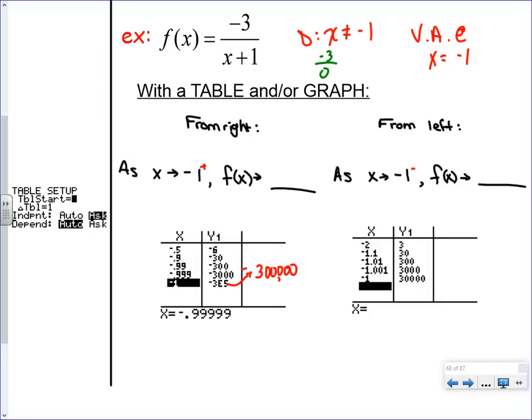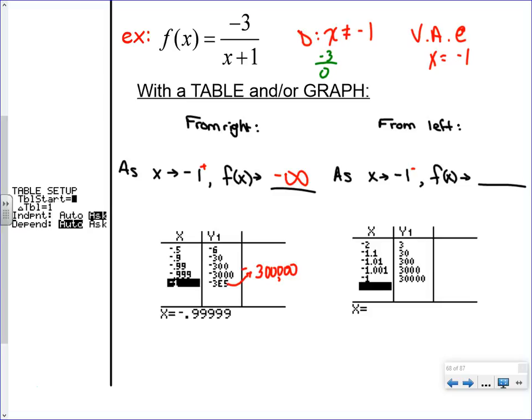Question. If we know that the answer to each of these blanks is either a positive infinity or a negative infinity, what would you answer based on this table? As you get closer and closer to negative 1, isn't it going down and down? And the answer would be, I agree. As we come towards the vertical asymptote, it's either going up or it's going down.